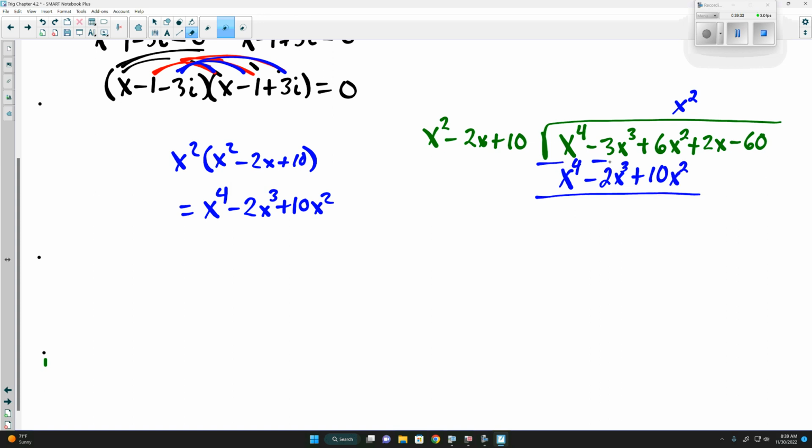And then we would subtract. x to the 4th minus x to the 4th is 0. Negative 3x cubed minus negative 2x cubed. Negative makes a plus. So we'd have negative x squared. Not x squared, x to the 3rd. 6x squared minus 10x squared is negative 4x squared.